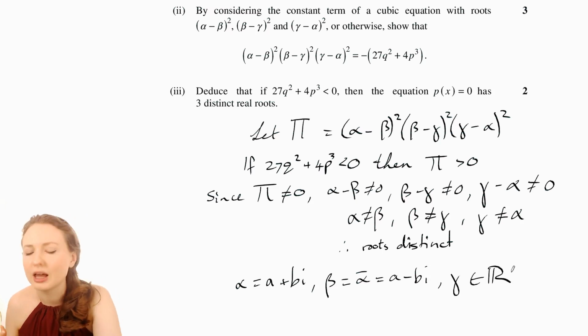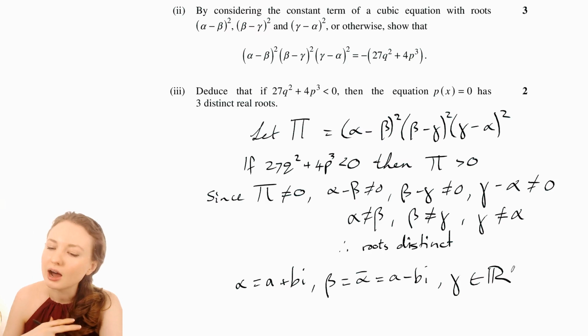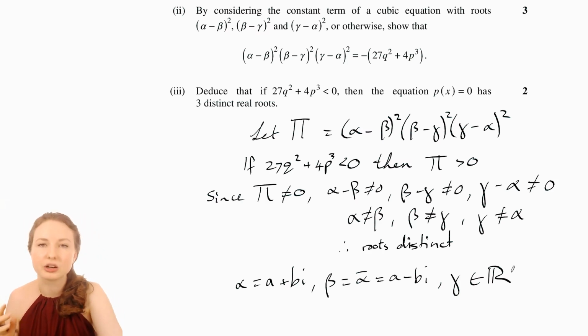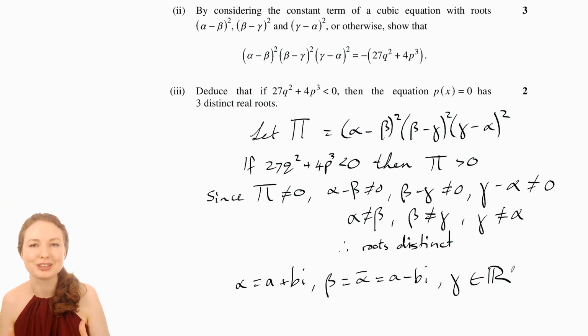Now, you might be thinking, aren't I making an assumption there that alpha and beta are the complex ones and gamma is the real one? Yes, but it doesn't really matter because alpha, beta, and gamma are interchangeable. There's no difference between them up to this point. And in mathematical proofs, there's a special set phrase that we use when we're making an assumption, but it doesn't really matter.